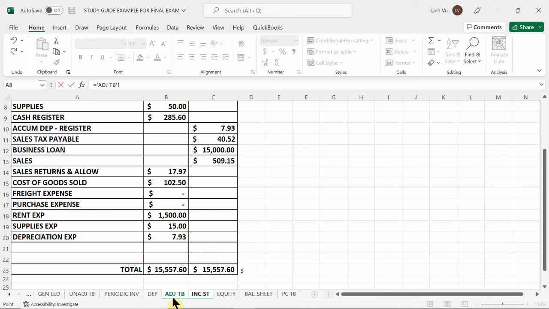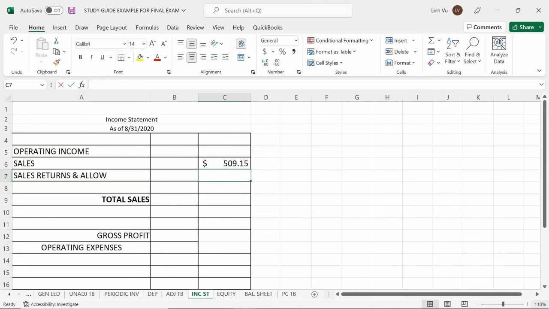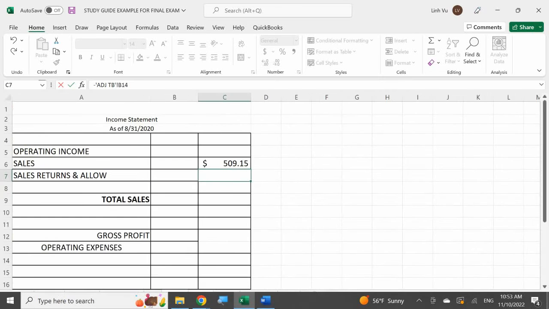Would it be sales returns and allowances? Absolutely, because it decreases your sales, doesn't it? So in this case, yes, that is correct. Sales returns and allowances decreases my sales by how much? $17.97.